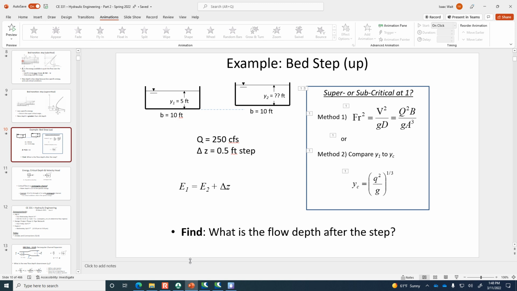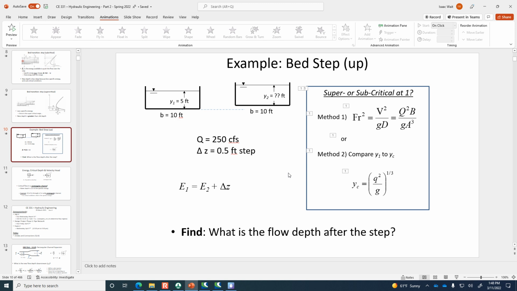If all we did was subtract half a foot, that would suggest it's 4.5 feet. But actually it goes even shallower than that. It goes to 4.38 feet as the new flow depth because the velocity head is changing as well. It's not just the depth that's changing. You lose half a foot of specific energy. Some of that is going to be depth, some of it is velocity.